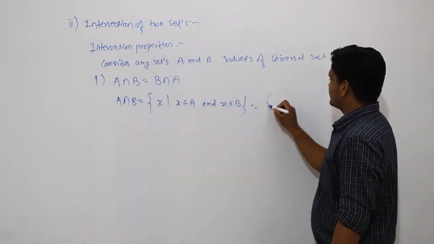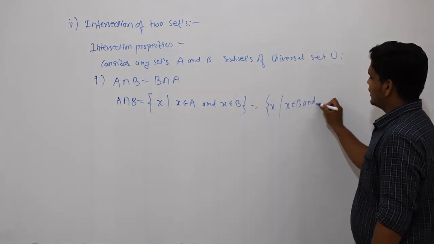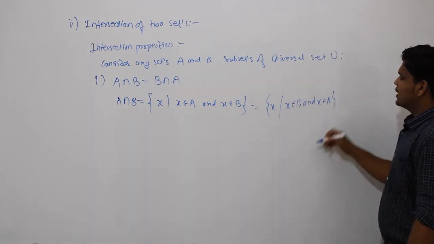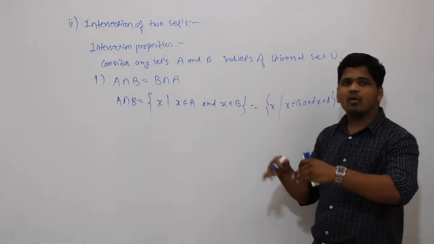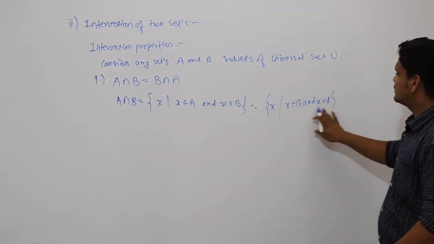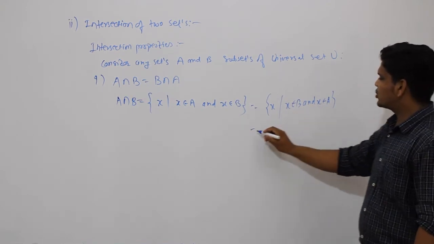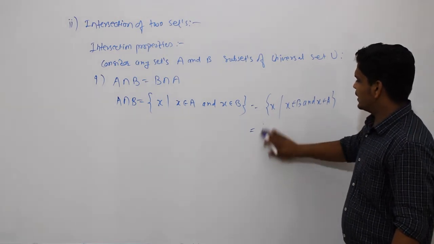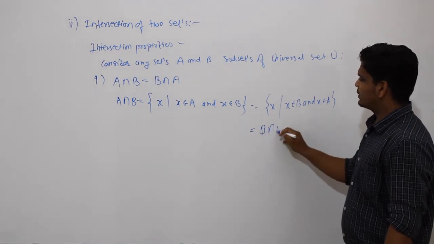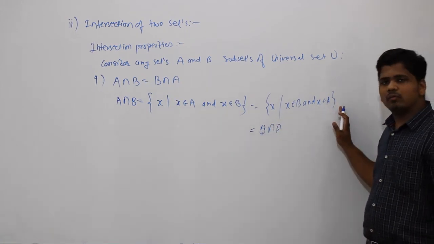You can say it as X such that X belongs to B and X belongs to A. Means you are taking elements from both sets A and B. There I am writing the same thing, but just I am writing B first and then A. But what is this by definition of intersection? This will become your B intersection A, right? B intersection A, by definition, is nothing but elements from B and elements from A.